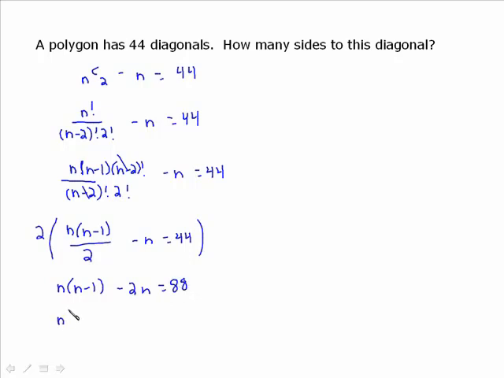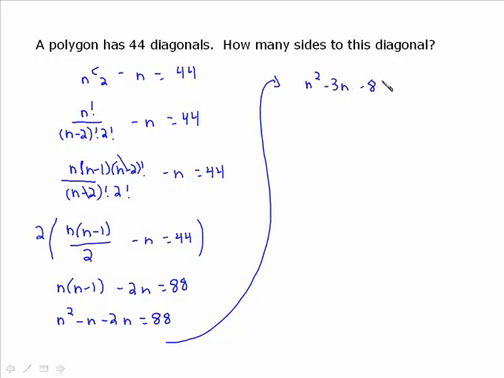We can clean up this polynomial. n squared minus n minus 2n is equal to 88, which leads us to n squared minus 3n minus 88 equals 0. And this is very factorable, as it should be, into n minus 11, and then n plus 8 is equal to 0.